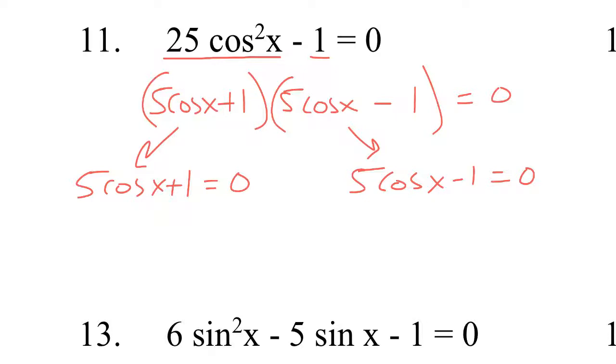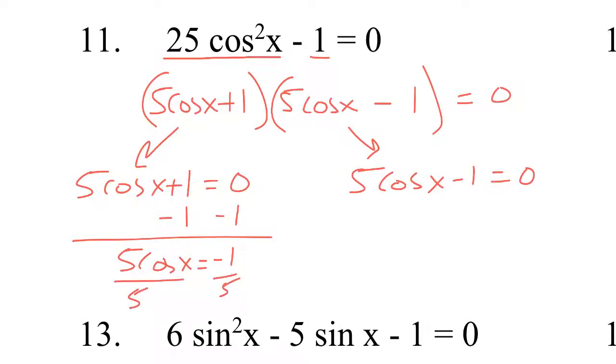And so we'll solve each one of these independently. The cosine of x equals negative 1/5. And I think if you followed that same process over here, you would find out that the cosine of x equals positive 1/5.